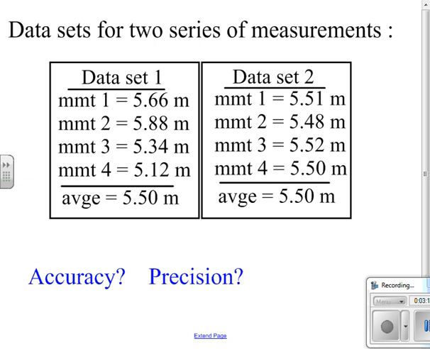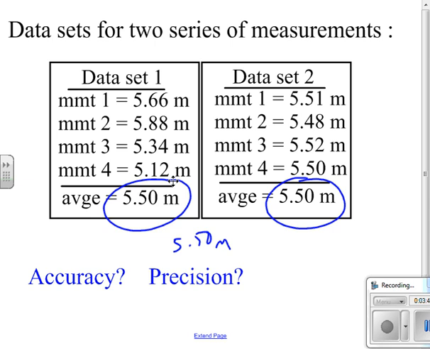Okay, let's look at these 2 data sets. Here we have data set 1, data set 2. If we look at the average of these 2 data sets, they come out to be the same. And so if the accepted value was actually 5.50 meters, we would have to say they are both equally accurate when we look at just the averages because they are the same.